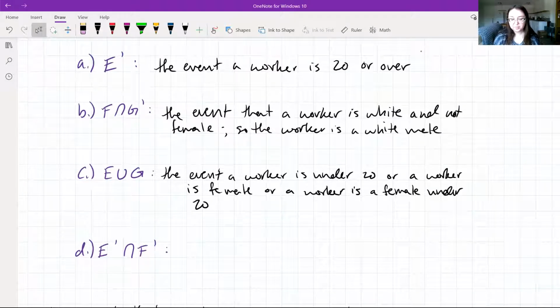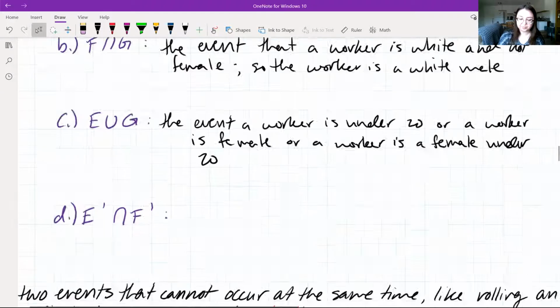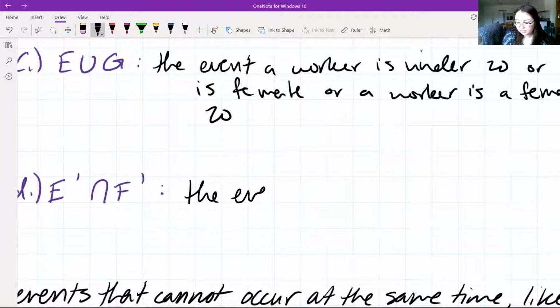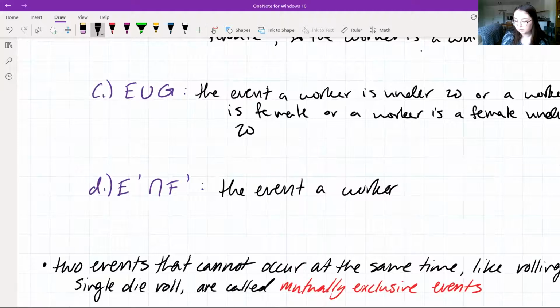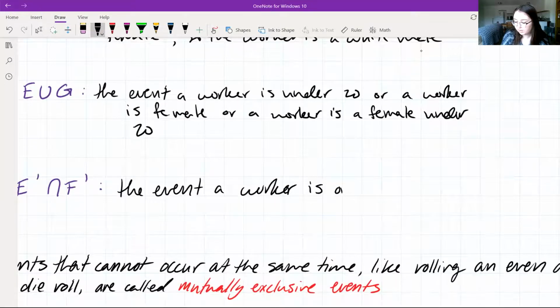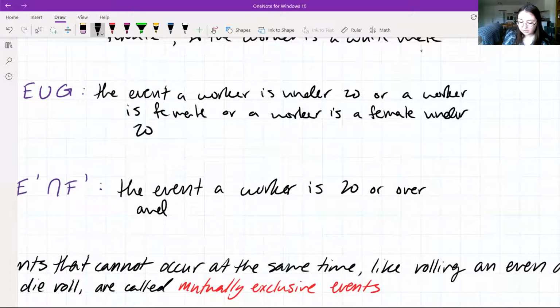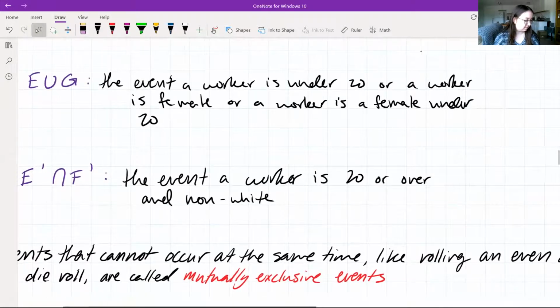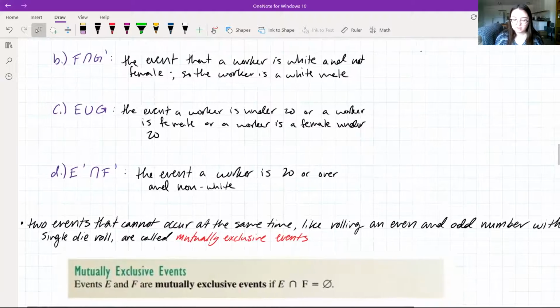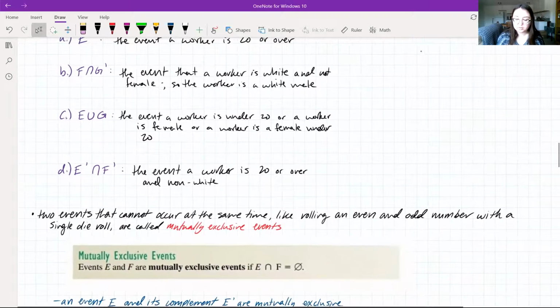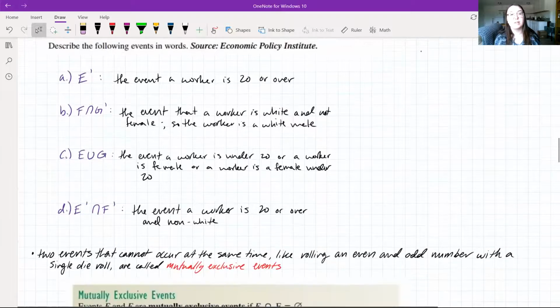We have the event that a worker is 20 or over and non-white. All right. So that's how we describe each one of these events with words.